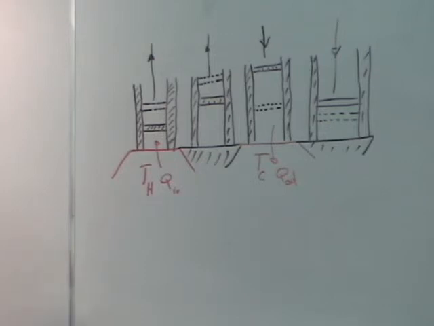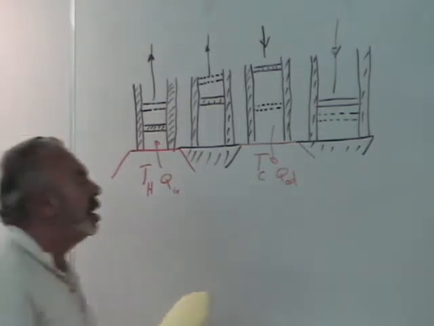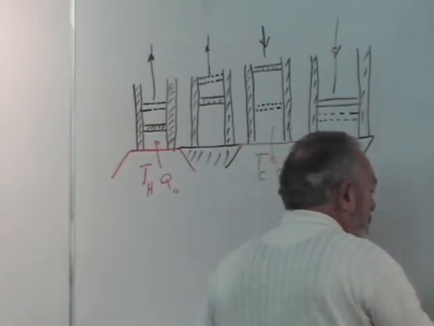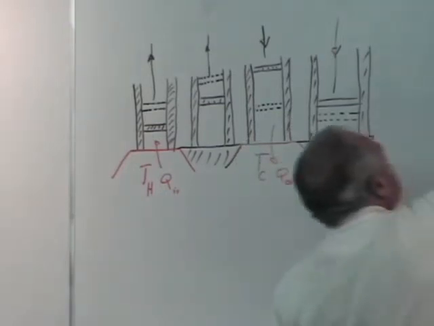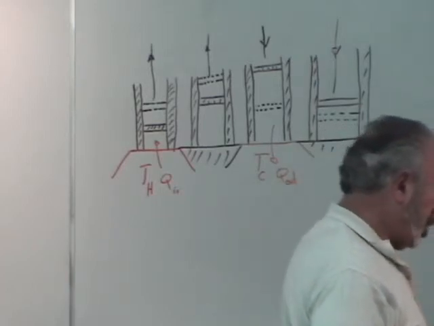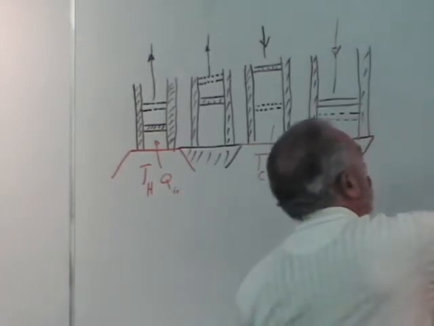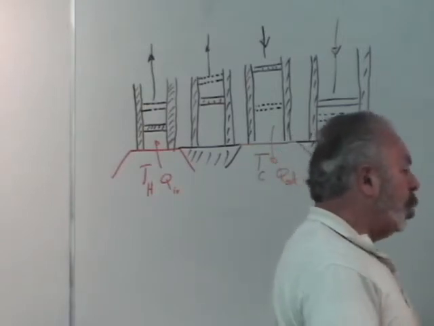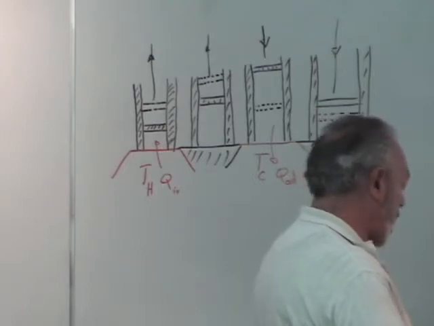I want this system to end up looking like this on my PV diagram. On my PV diagram, I wish to start out at position A up here. And the first thing I did was an isothermal expansion.